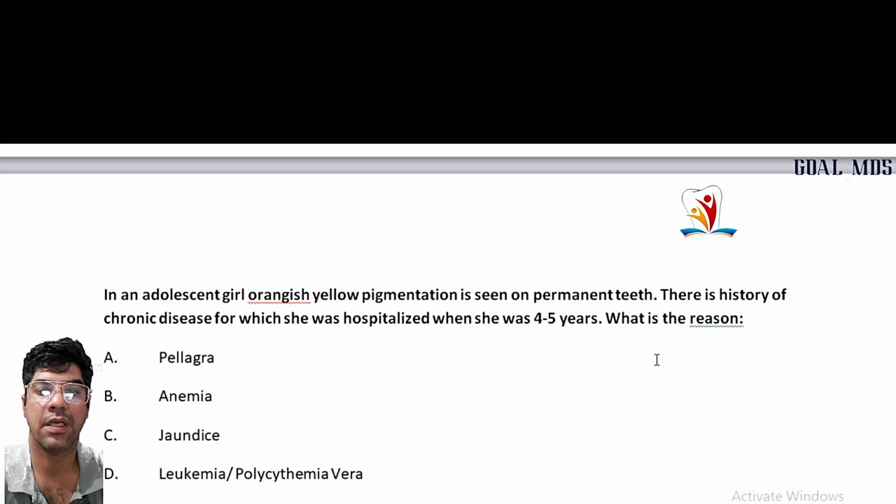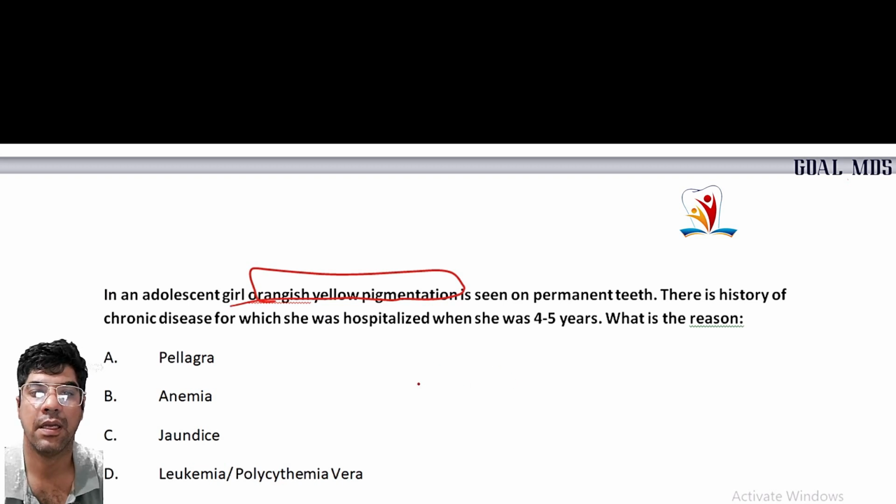The next question: an adolescent girl, orangish yellow pigmentation is seen on the permanent teeth. There is a history of chronic disease for which she was hospitalized. The reason could be pellagra. So remember, the orange yellow pigment is caused due to pellagra.